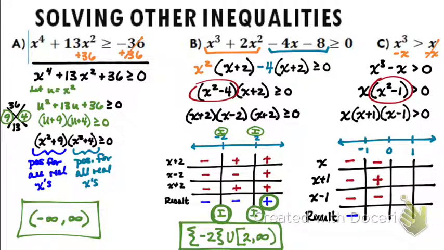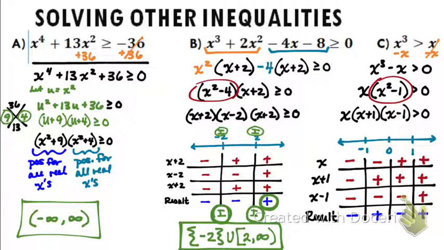This one would be negative for an overall positive result. Something bigger than 0 but less than 1. Yep, so like 1/2. That's going to be positive. That's going to be positive. This one would be negative for an overall negative result. And anything bigger than 1 is going to be positives all the way down.